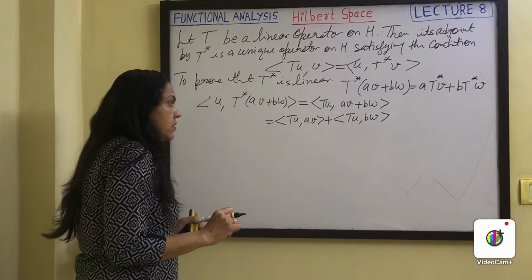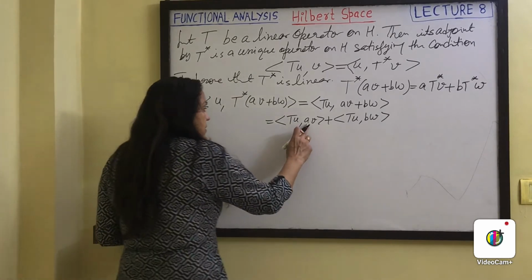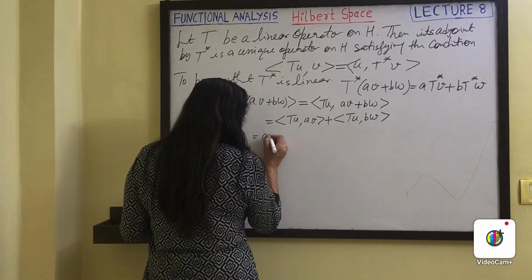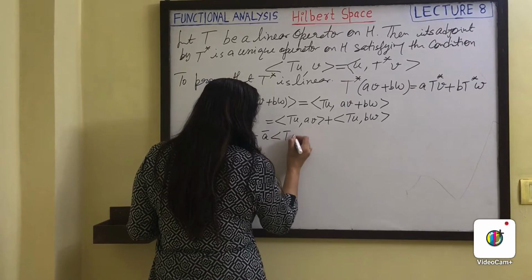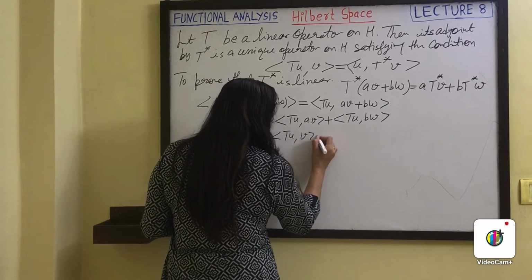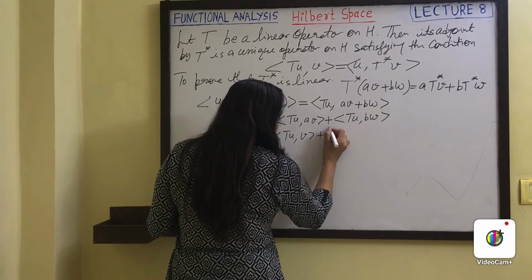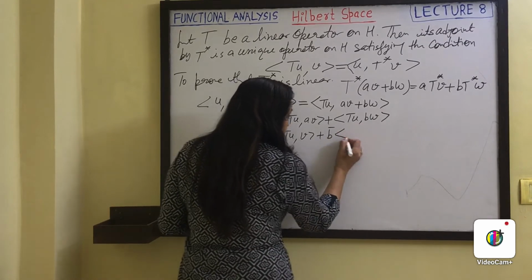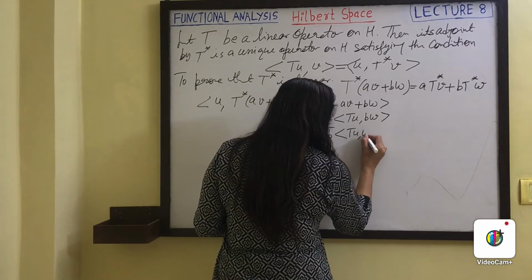Now this can be written as a bar times the inner product of T*u comma v plus b times the inner product of T*u comma w, since b is a scalar.